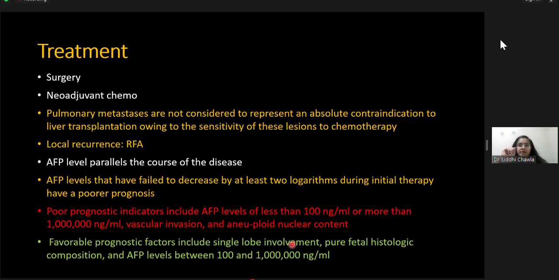One tip that I want to give you is that sometimes when you send the AFP levels, if it is less than 5,000, they give a particular value like 3,400 or 4,300. But in many cases, you will see that they just write that it is more than 5,000.